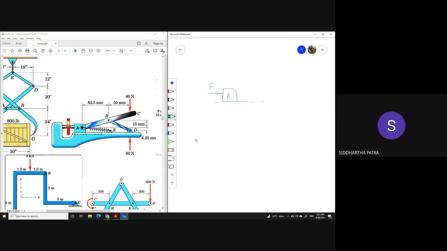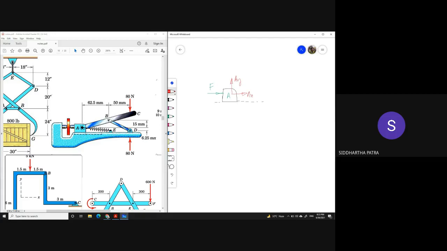So this block A, what other force is it receiving? It is also receiving some force Ax and Ay from the member ABC.